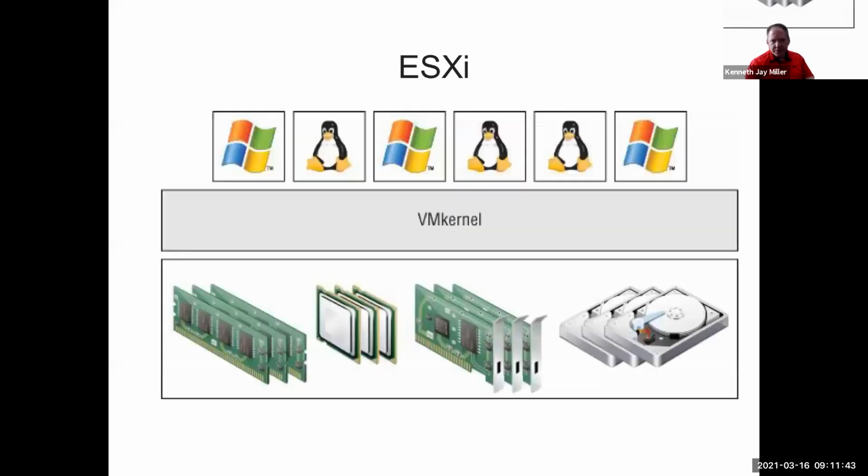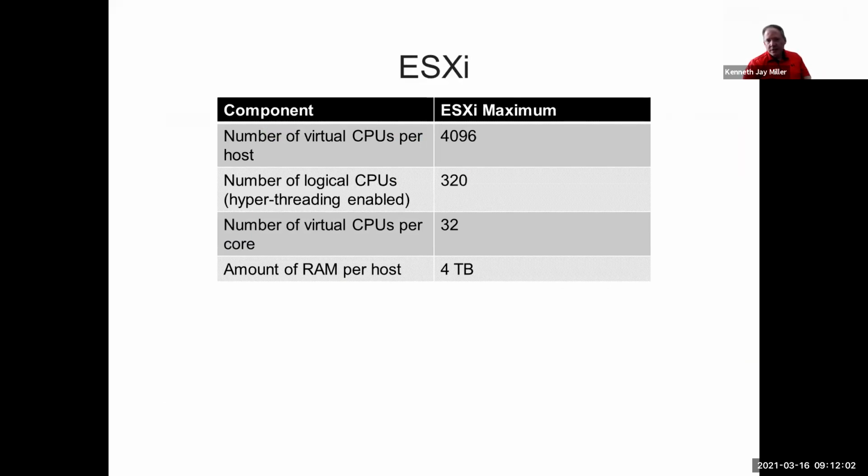So this Linux kernel itself is not a typical kernel of Linux or, say, the Windows kernel that can only support smaller amounts of systems. This is an optimized kernel. It's been coded in a way that will allow a large amount of hardware. So 4 terabytes of RAM per host, that's a lot of memory, right?